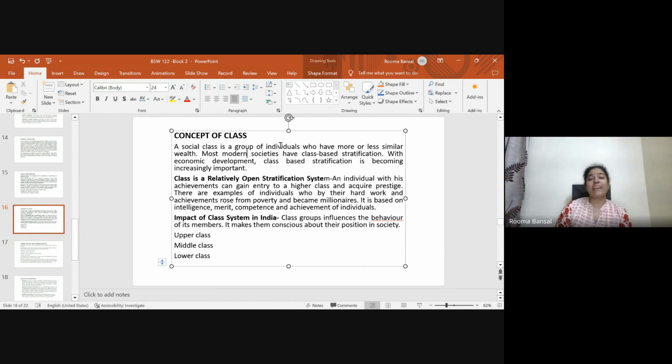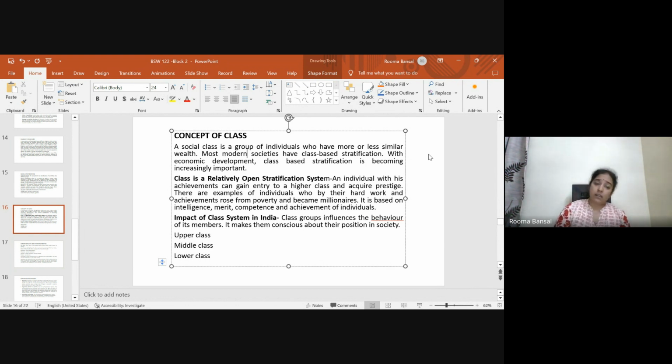Next point is the impact of the class system in India. Class groups influence the behavior of their members. It makes them conscious about their position in society. If people come under the upper class, then they try to behave according to their financial status. We have three classes mainly available in our society: upper class, middle class, and lower class.